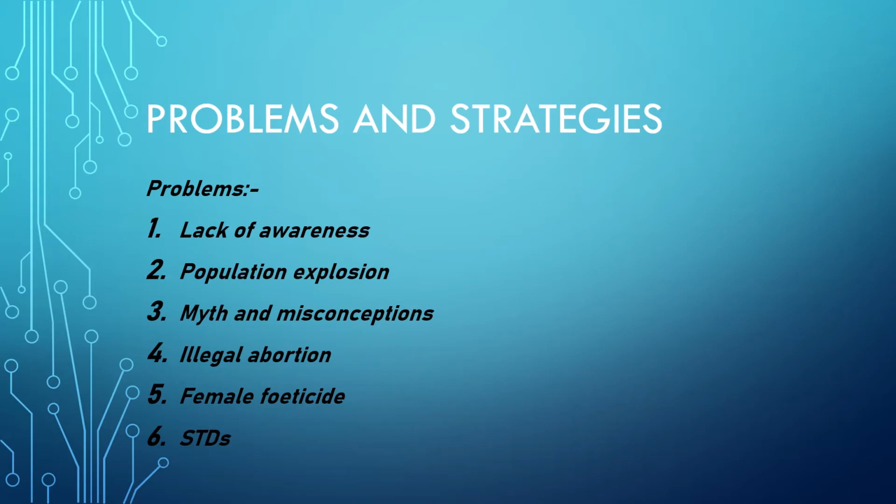This problem arises because of female foeticide. Various processes go on for sex determination, and after the sex determination, illegal abortion occurs to kill the female child. Female foeticide is the killing of the female fetus in the mother's womb.